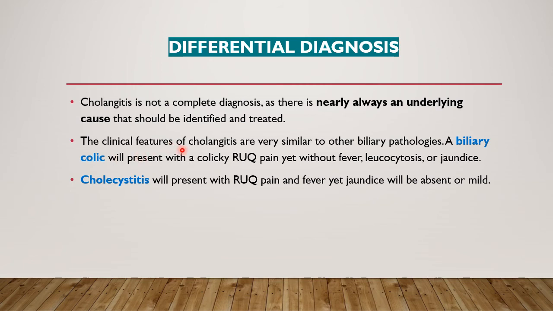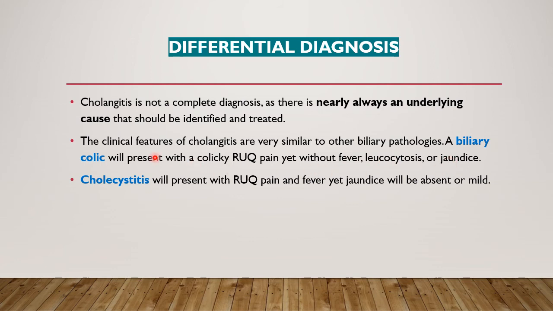The clinical features of cholangitis are very similar to other biliary pathologies such as biliary colic, okay, which also carries along with it fever, leukocytosis, or jaundice. Okay, in simple biliary colic, you may not have fever, leukocytosis, or jaundice.